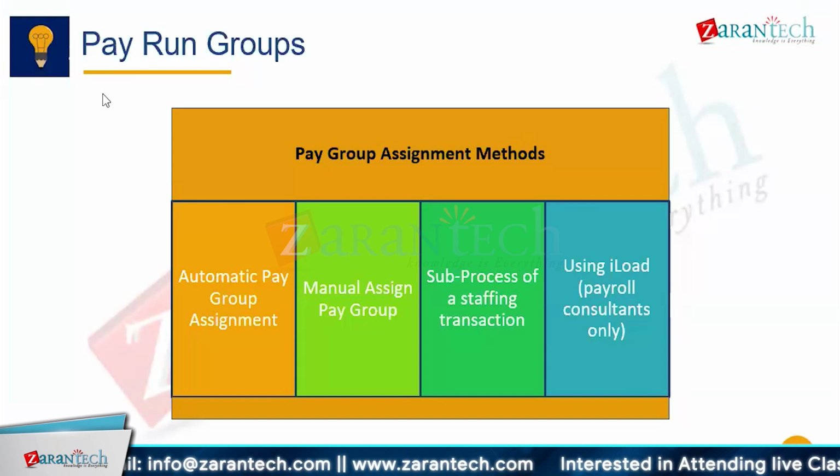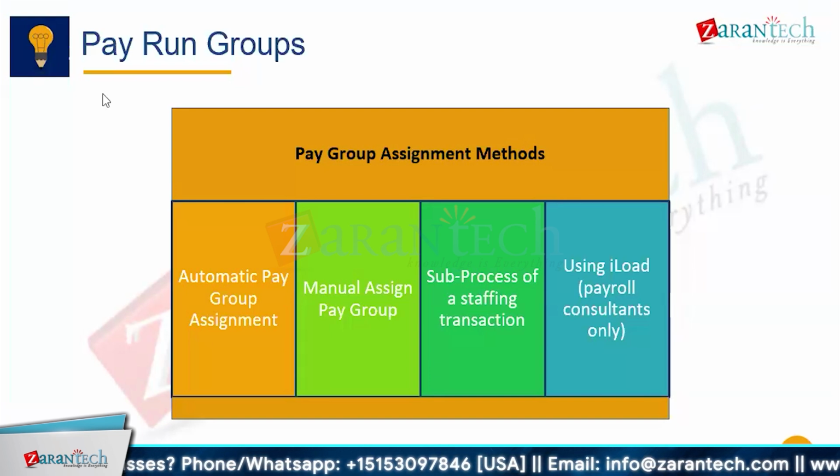When that pay group sub process is triggered, Workday looks for any auto assignment rules configured in the system, and whenever it finds a suitable assignment rule and the eligibility criteria is met, it automatically assigns that pay group to that employee.